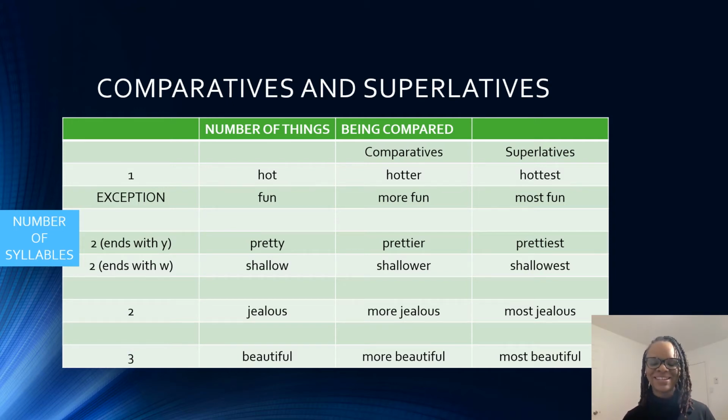And finally, if the word has three or more syllables, we say beautiful, more beautiful, or most beautiful. Can you think of any words with three syllables that we would use more or most beautiful? Yes, intelligent also is one. Wonderful is also one. There are so many words like this.